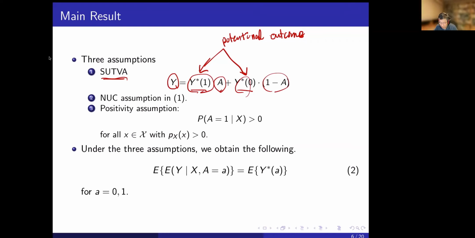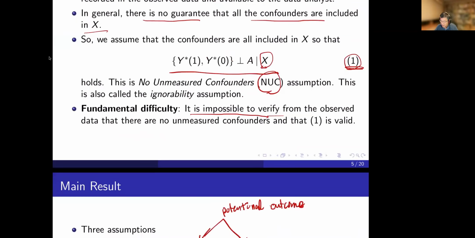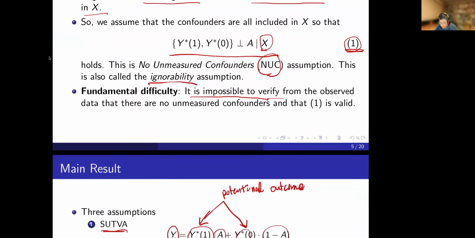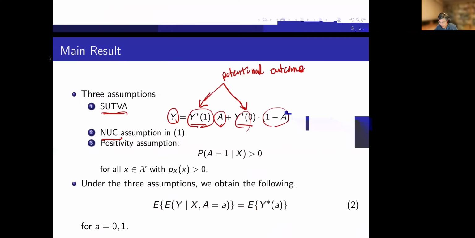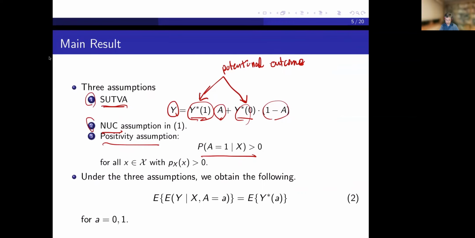Then the NUC assumption is Assumption 1, the conditional independence assumption, or ignorability assumption, the ignorability of the selection mechanism. The positivity assumption is another assumption that is hidden. We need it in order to do anything with the observational data. With these three assumptions, we obtain the following result.